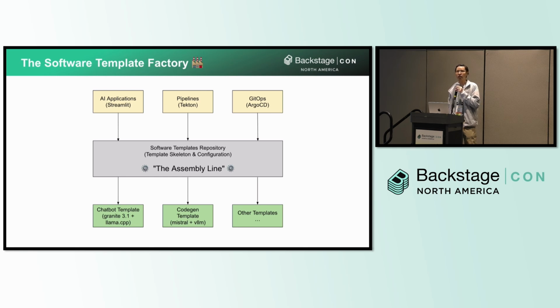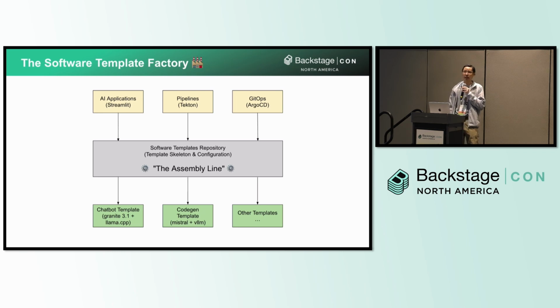The template skeleton is like the master file for a template. Based on simple property files for configuration, it compiles and customizes them into specific templates that are ready to use and have a specific purpose. And those are the green blocks at the bottom.